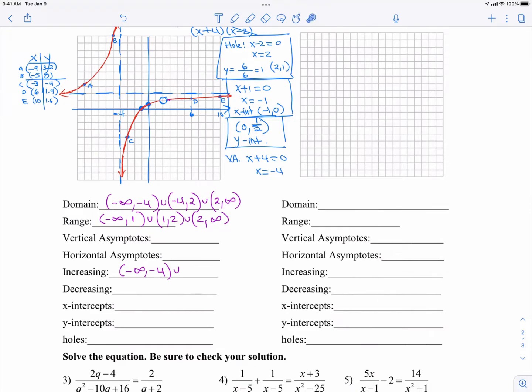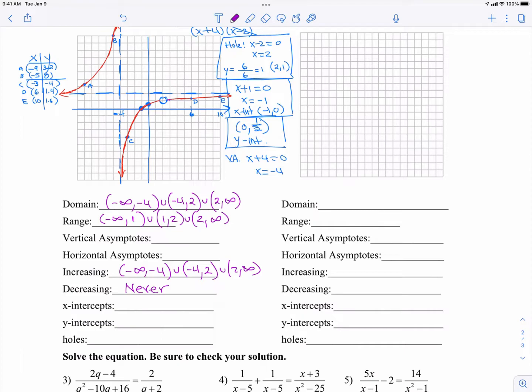All right, and then now you're jumping onto this curve, and you're also increasing from -4 until you get to this hole. So that's from -4 until you get to 2. And then once you leave the hole, you continue to increase from 2 all the way to infinity. All right, so that's where it's increasing. Where is this decreasing? This is never decreasing. It's always increasing. So for decreasing, we'll say never.